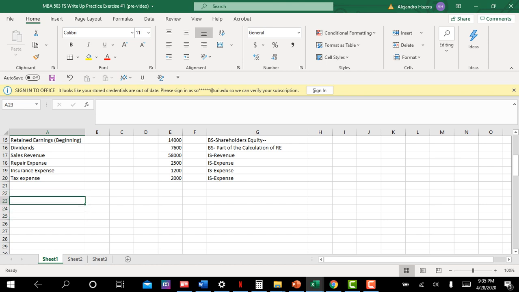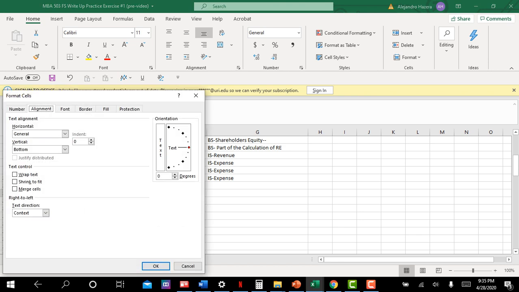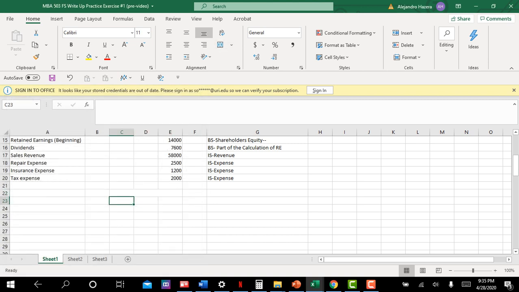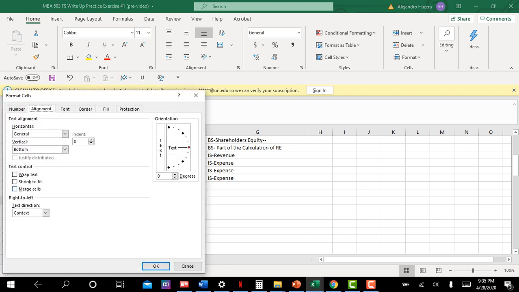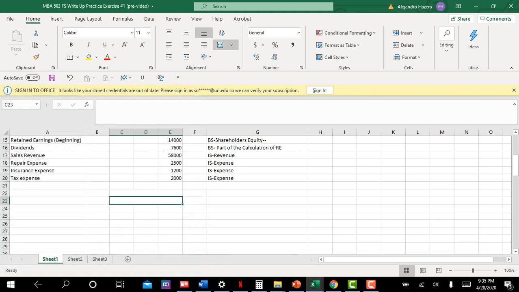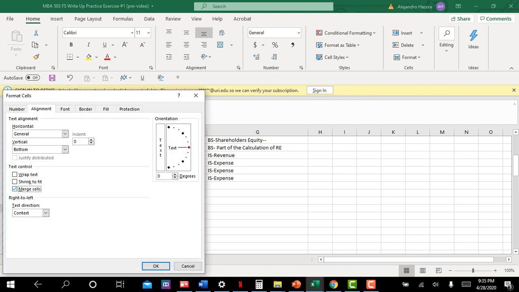And the first thing I'm going to do is merge three rows of cells. I know this looks tedious. Maybe it is a little bit, but you're going to have to work in Excel in this class. And I've discovered that not all people are familiar with it.